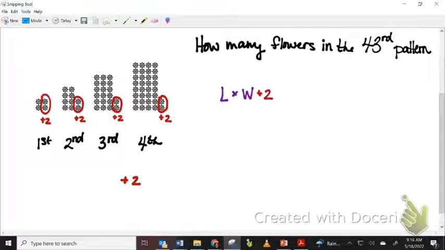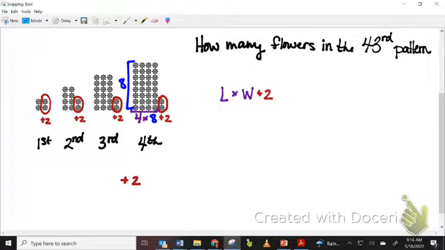All right, so let's try to look for a pattern with the length and the width. Length and width here. 4 times 8. So 4 times 8 plus 2.